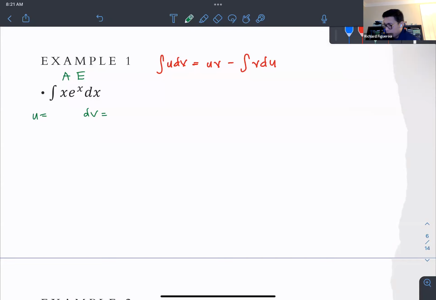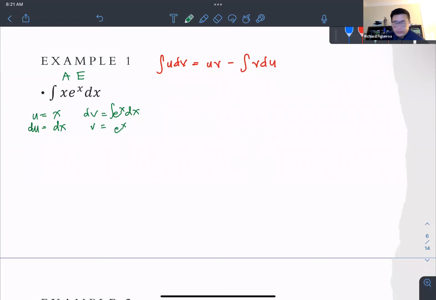So, U will be X, tama? And then dV will be matitira, which is e^x dx. So we derive then X, so that is dx. And then we integrate. So si dV, para makuha ang V, we integrate. So ano yung integral ng e^x dx? Still e^x. Okay. So it's still e^x.